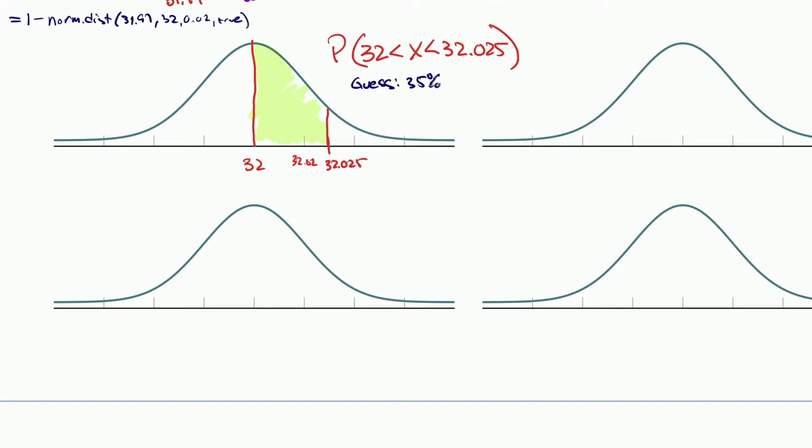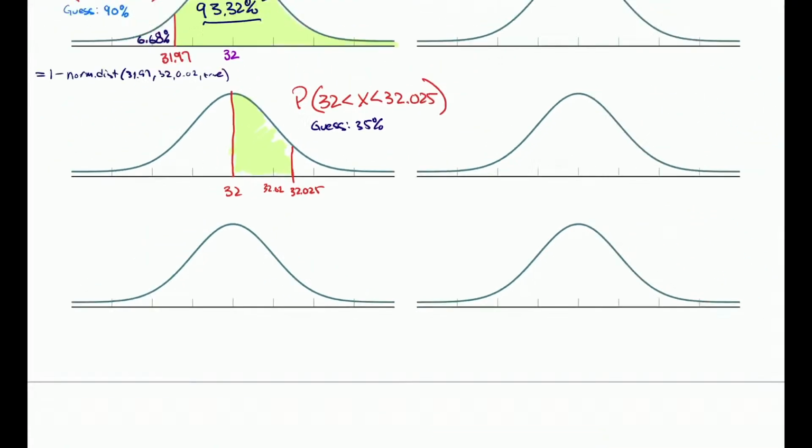When I say I want you to be in the ballpark, I mean close to 30. If you get a number like 80%, that's not close. If you got 5%, that's not close. If it's somewhere around there, then I'm happy. The guess, though, is not the answer. The guess is just to help guide you when you're thinking about whether you made a mistake.